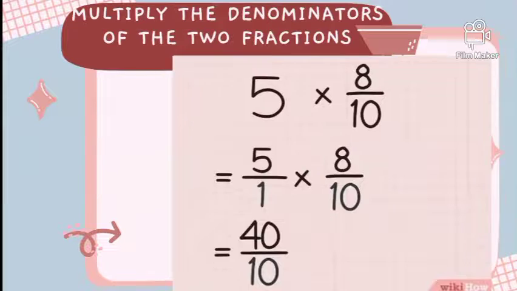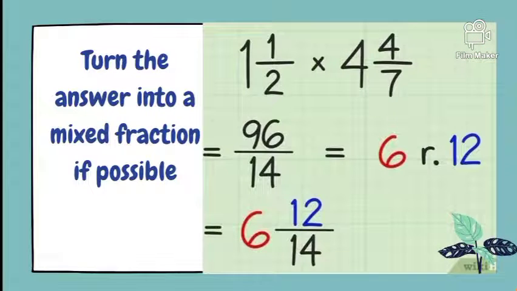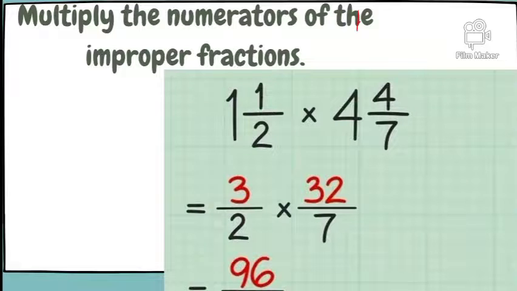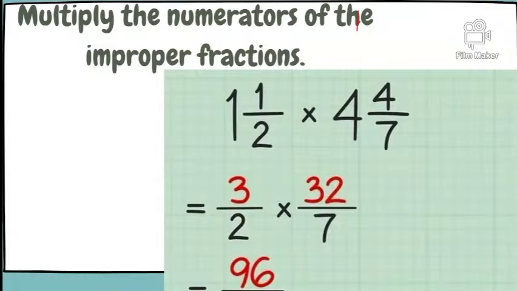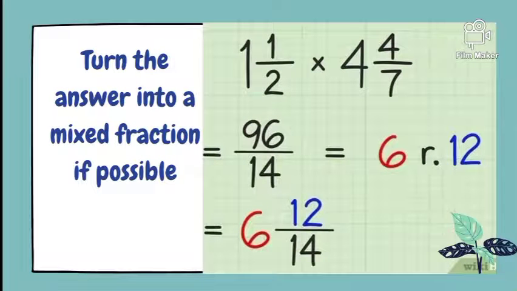If it's a mixed fraction, like we did earlier, what do you do? You convert the mixed fraction to an improper fraction. Then you multiply the numerators, multiply the denominators, and reduce to lowest term. If the numerator is bigger than the denominator, make it become what? A mixed fraction.